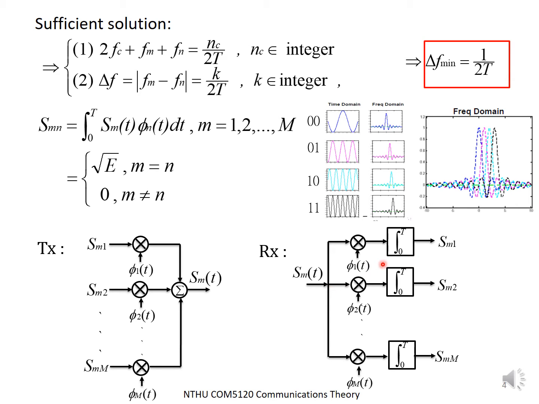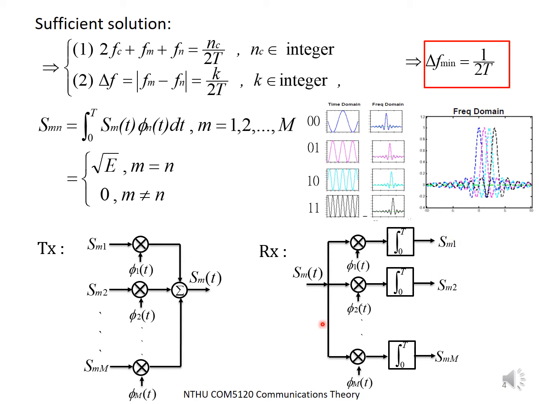In the transmission, the analog waveform s_m(t) can be represented by the projection on each basis, and these M values make a vector representation of s_m(t).